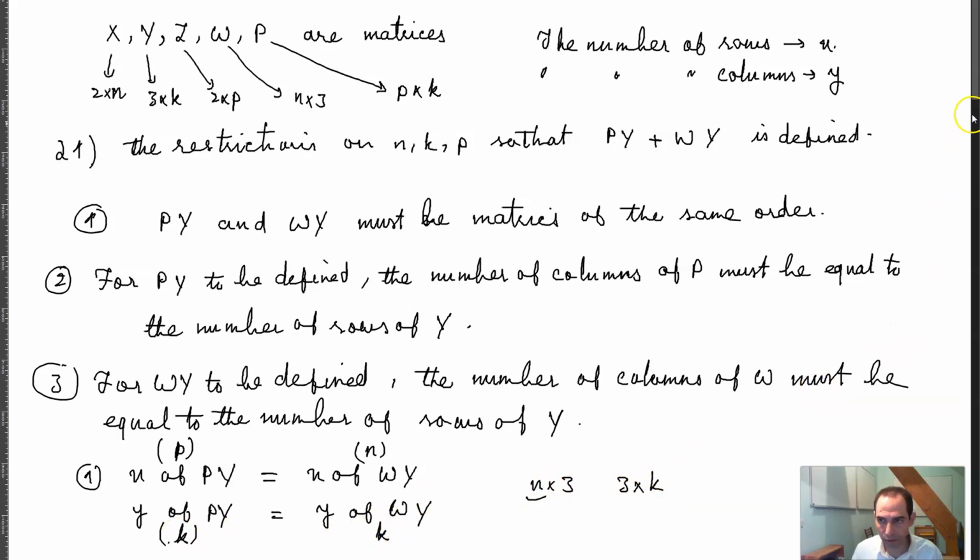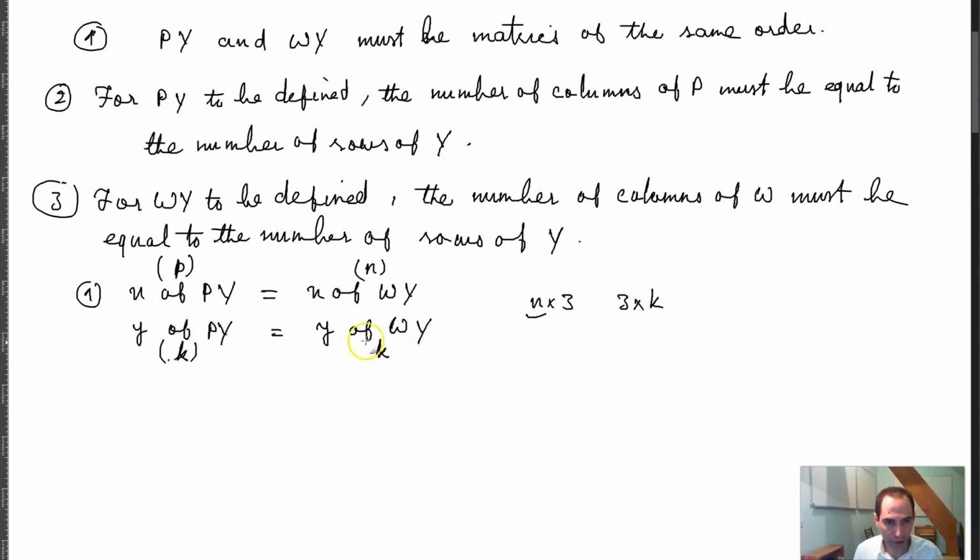So here this gives me k is equal to k, which I already knew, so I don't have to worry about that. But this means that lowercase p has to be equal to n. That is one condition that we have here.